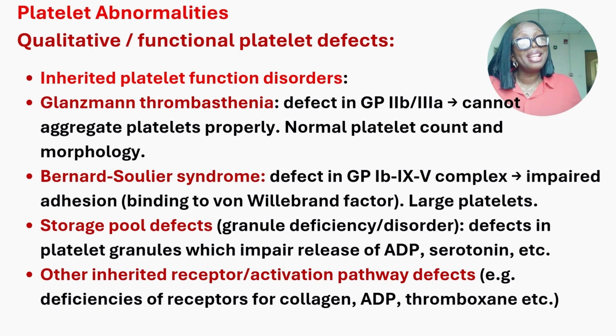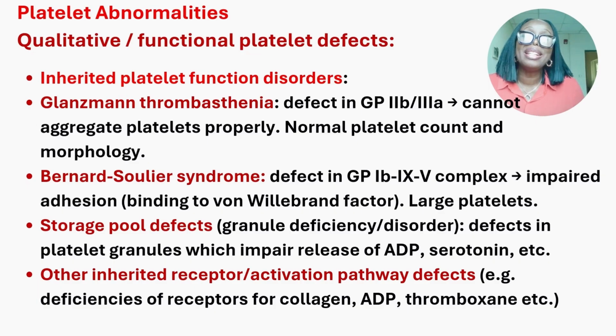Like I said in that video, the granules that platelet contains are, number one, ADP, adenosine diphosphate, serotonin, and then thromboxane A2, and then calcium. Now, all these substances are vasoconstrictors. What do they do? They enhance the initial constriction of blood vessels to reduce bleeding at the site of the injury.